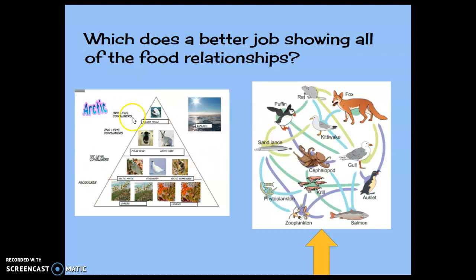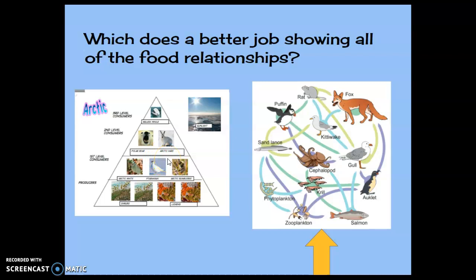The one on the left here, which is the energy pyramid, does not. Maybe some of these organisms here do not eat certain ones of these producers that are down here. Pretty sure the Arctic hare does not eat, I'm not even sure what that is, and it's kind of small, so I can't read it.